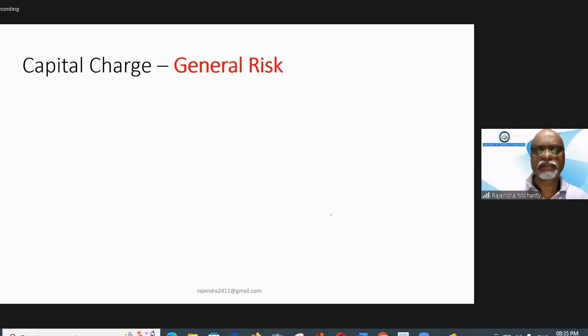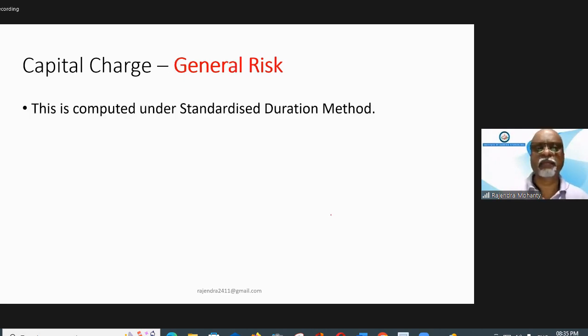Now, general risk is basically computed under the standardized duration method. First is the standardized maturity method. The second method is the standardized duration method.